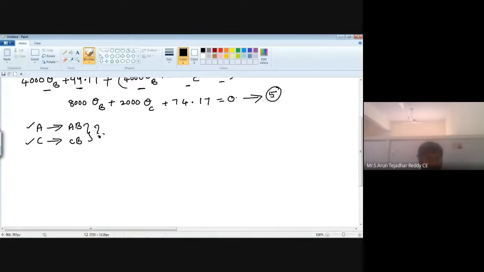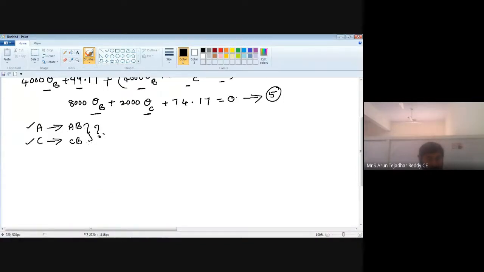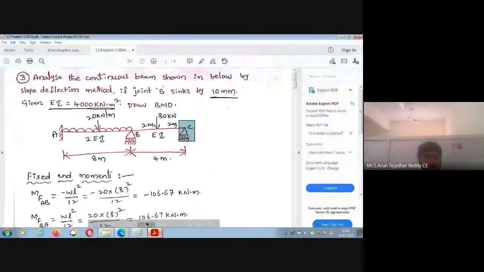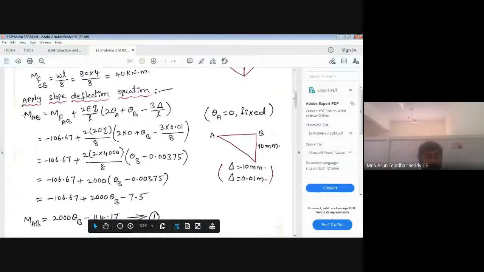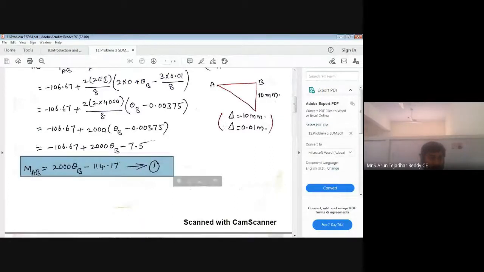In equation number 5 we have two unknowns, theta B as well as theta C. In the same way you need to check the AB member and the CB member. In the slope deflection equation, in the AB member we have 2000 theta B minus 114.17. It means here we have only a single unknown. In the MAB we have a single unknown.